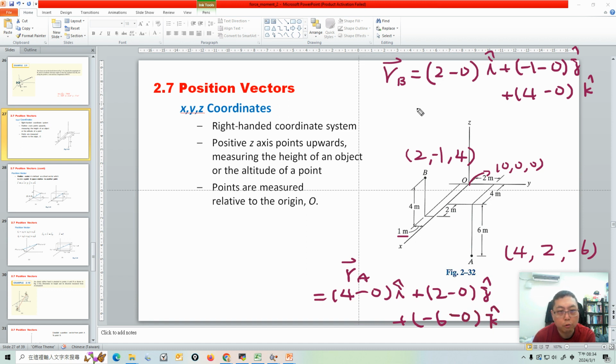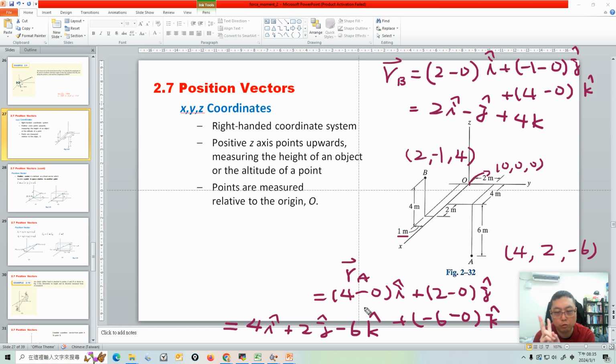But most often we just express them as 2i minus j plus 4k for B, and 4i plus 2j minus 6k for A, because writing it out in full looks awkward.